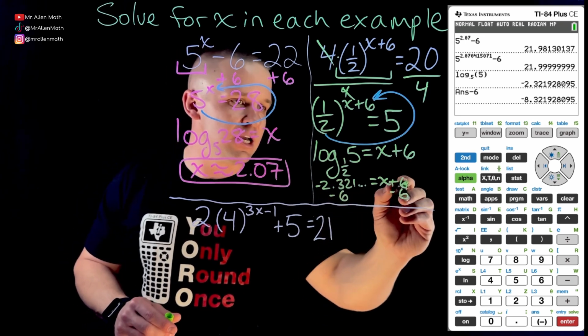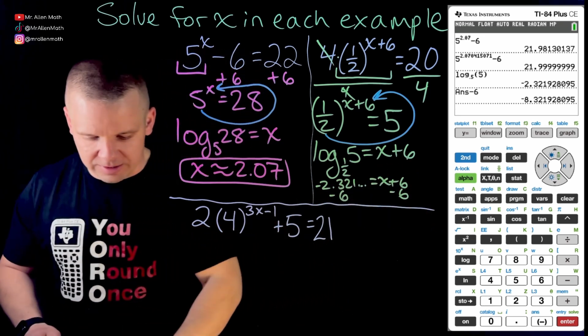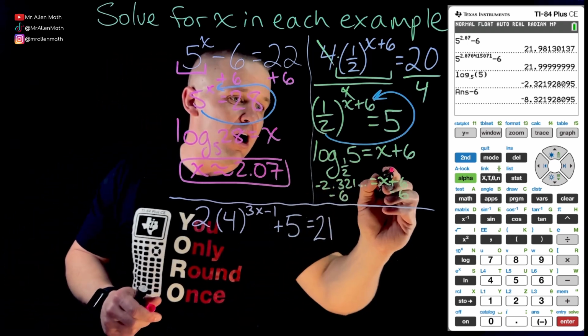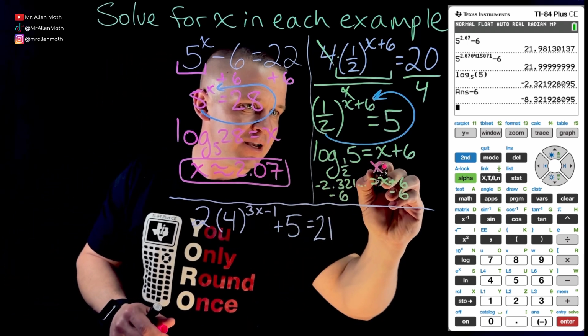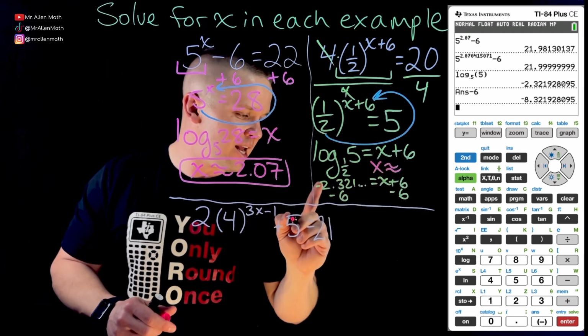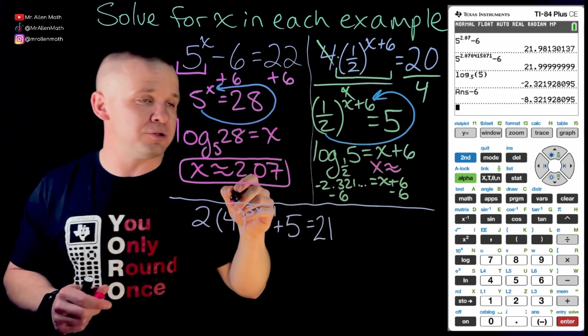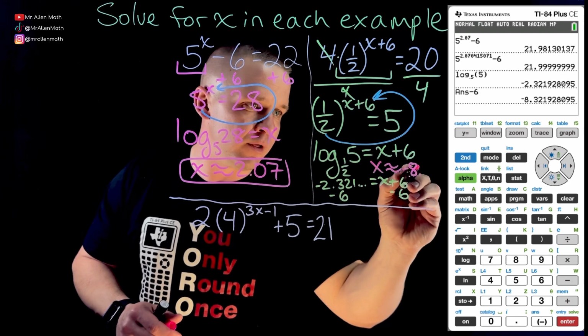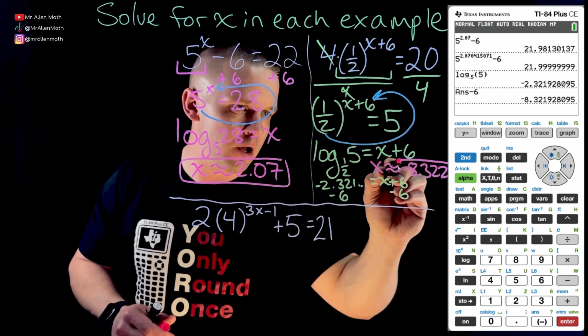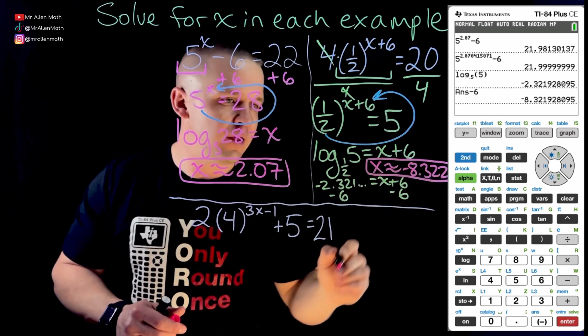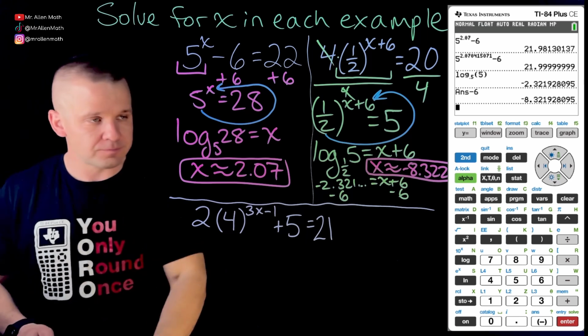And we're going to get x equals, and I'm going to put this in a different color because I'm going to try to fit this in here and not get in the way of my calculator. X equals approximately negative 8.3219, so 322. Negative 8.322. Boom. There is my final answer.